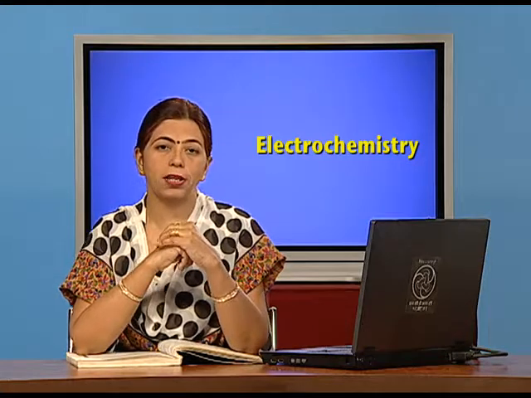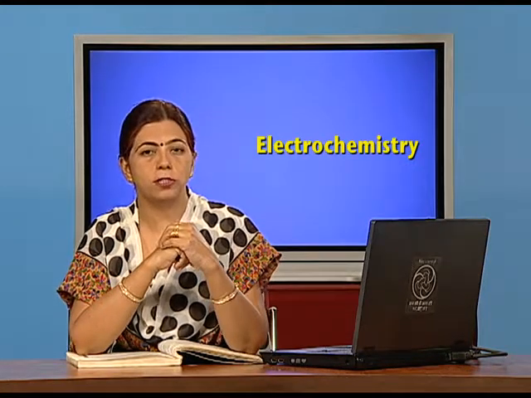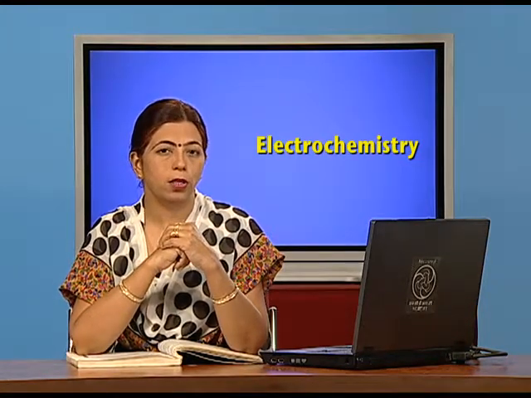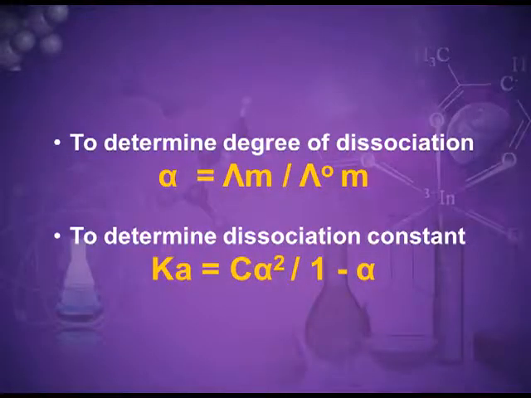We can also find the dissociation constant K. K is equal to C alpha square upon 1 minus alpha, where alpha is the degree of dissociation.